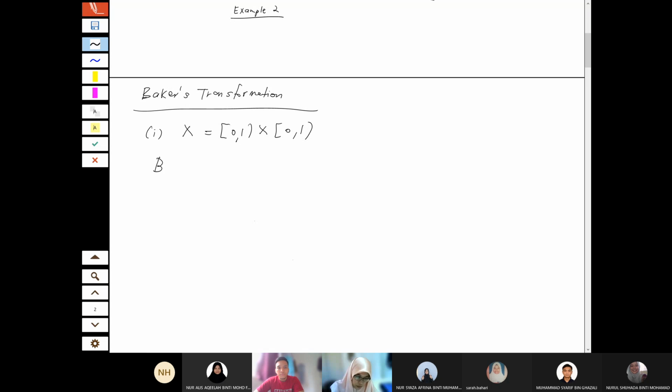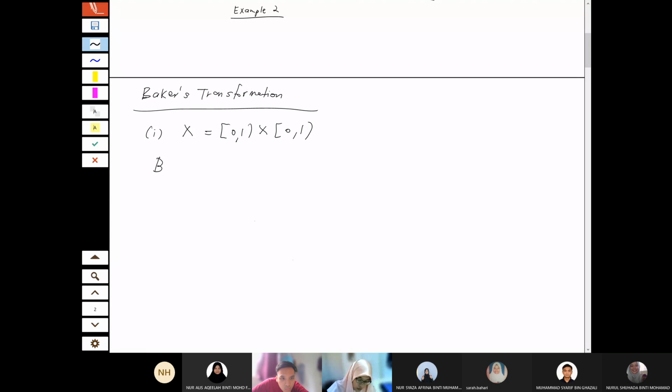In the previous example, example number 1, we considered T and S. In this case, we consider B for Becker's, and for the other one, the Bernoulli shift, we use the S transformation.